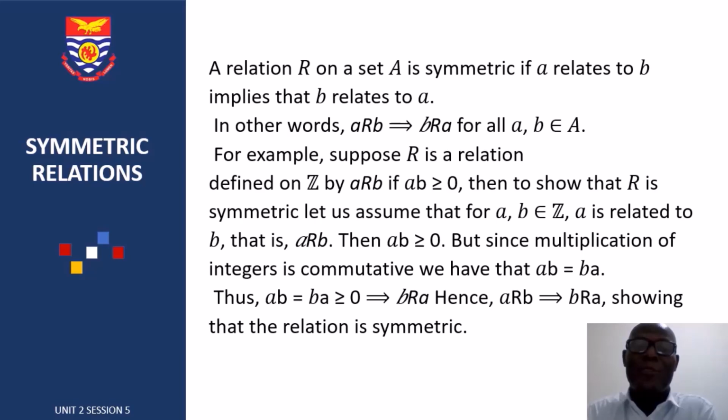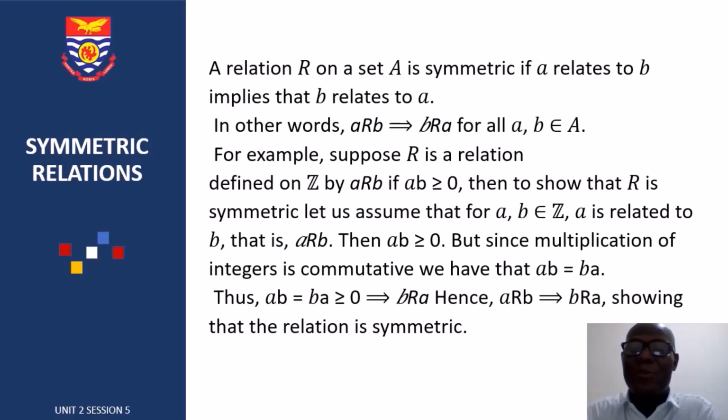For example, suppose R is a relation defined on the set of integers Z by a is related to b if ab is greater than or equal to 0. Then, to show that R is symmetric, let us assume that for a, b belonging to Z, a is related to b, that is a R b. Then ab is greater than or equal to 0.